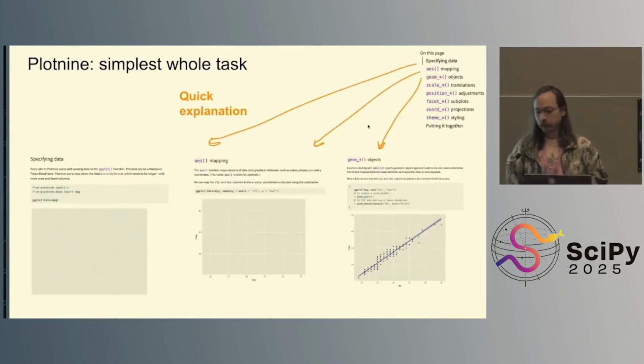To give you a sense for the overview, each of these categories is previewed quickly, with just a couple sentences of text followed by a little code, and then the output of the code.